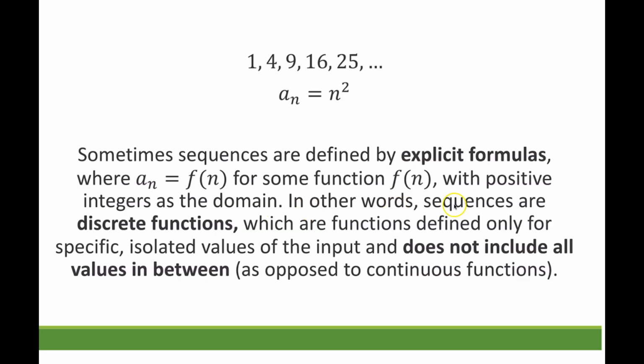So in other words, sequences are what we call discrete functions, which are functions defined only for specific isolated values of the input and does not include all values in between. So we're jumping from 1 to 2 instead of every single value in between, as opposed to continuous functions, which definitely are defined for every single value in between.